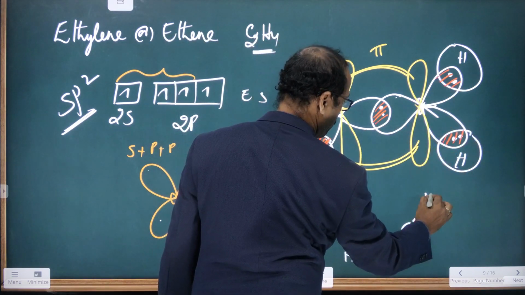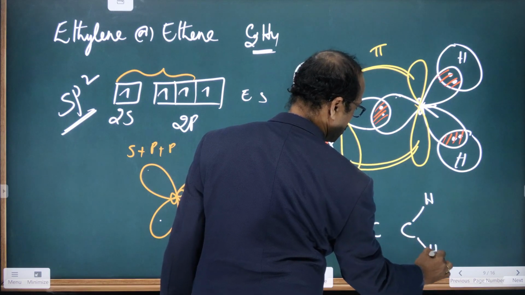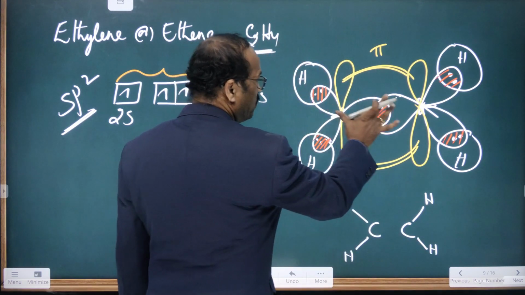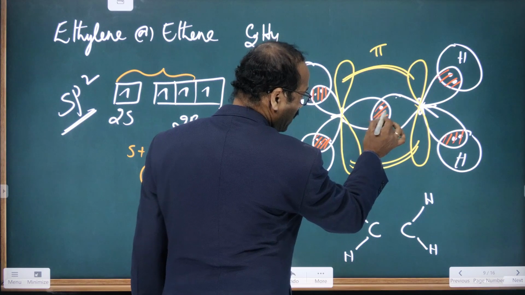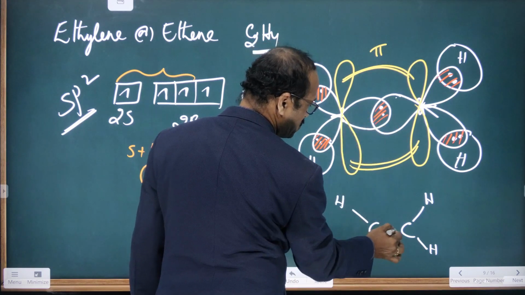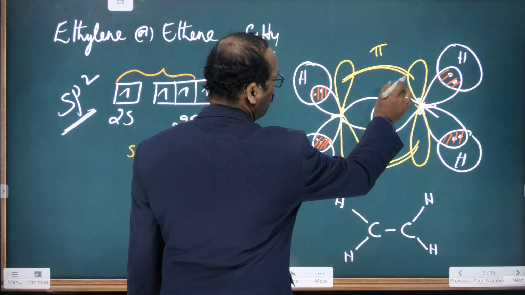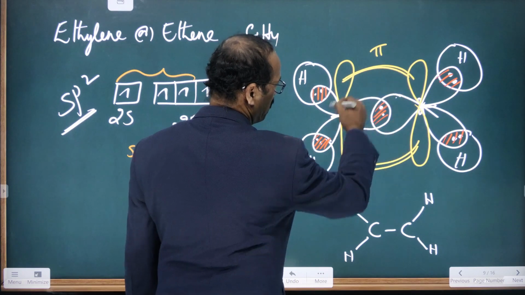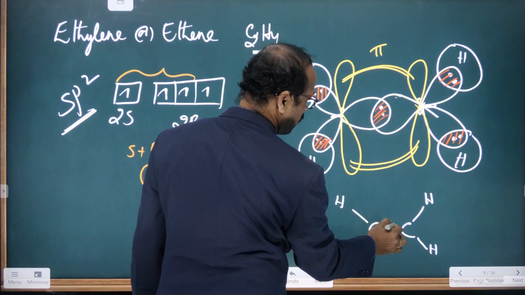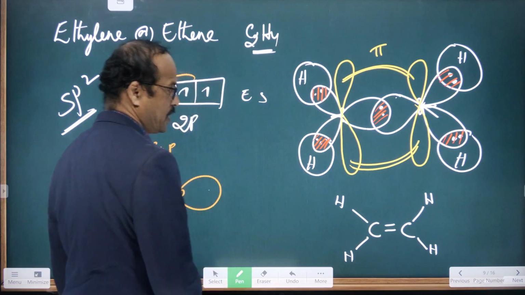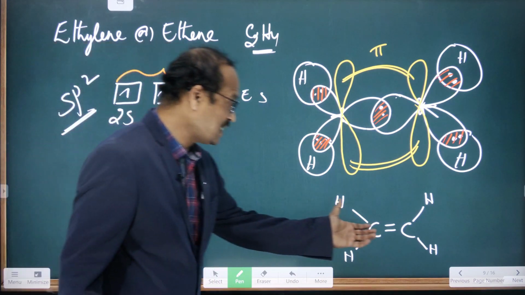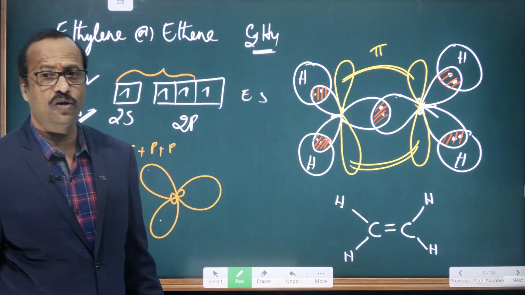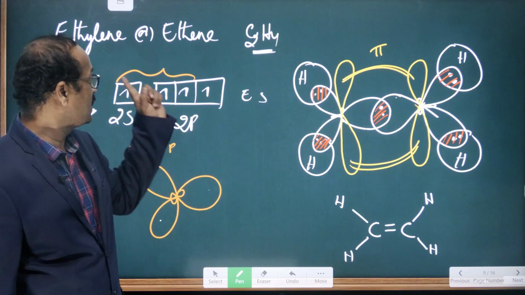Now between the 2 carbons, the red colored one is what? Sigma bond. So there is one sigma bond. And what is this one? One more bond is forming. This bond is called a pi bond. Clear to you? So this is the structure of ethene or ethylene.